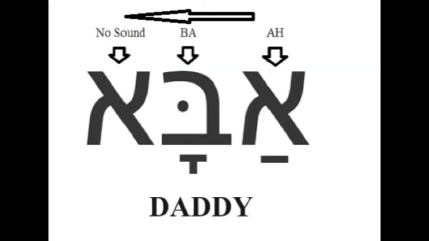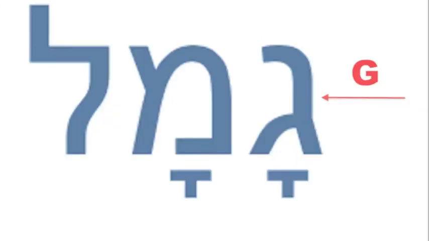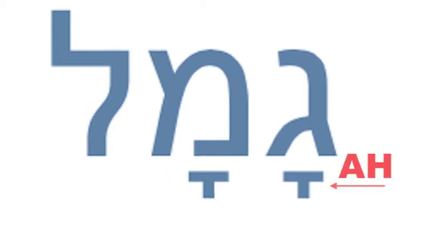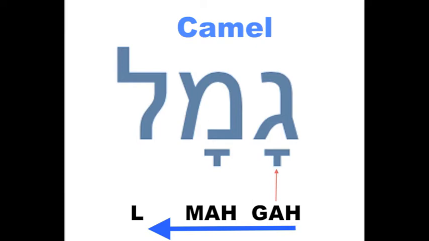Remember, you say the consonant and then the vowel. In this case, you have the G sound as the Gimmel with the vowel ah sound, which makes the Ga sound. This is the Hebrew word for camel, and the entire word is pronounced gamal.